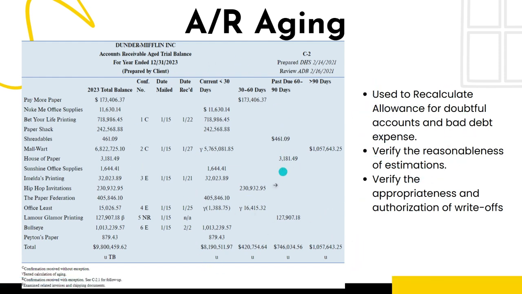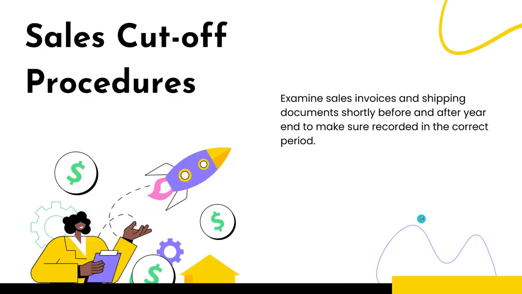We're going to verify the appropriateness of our write-offs to make sure that those estimates for allowance for doubtful accounts and bad debt seem reasonable based on our prior audit experience, the industry percentages, and recalculating this amount.